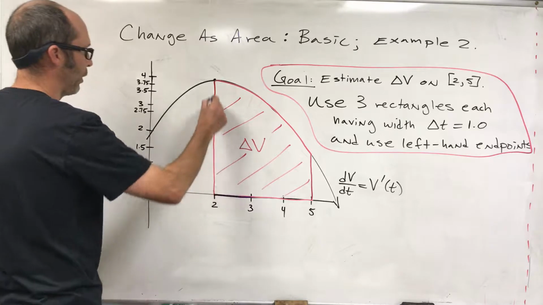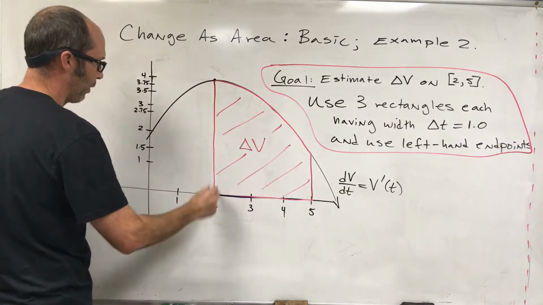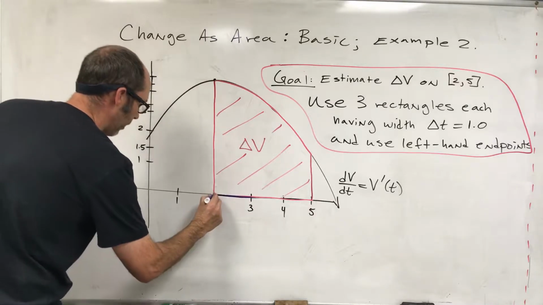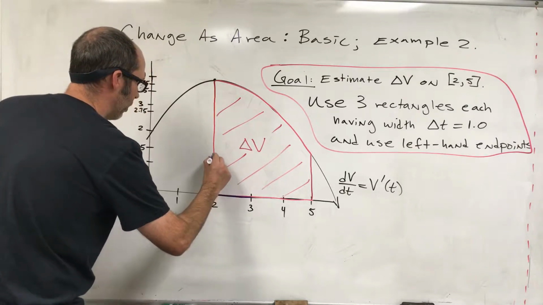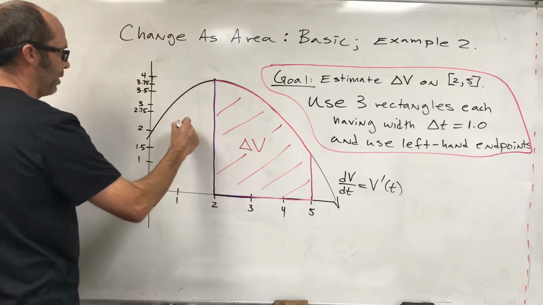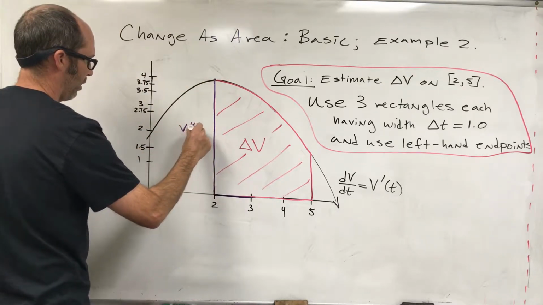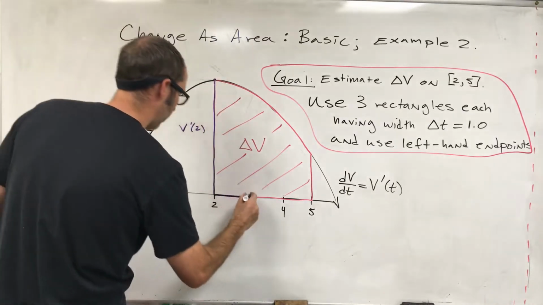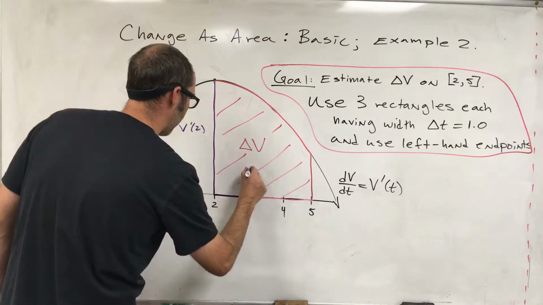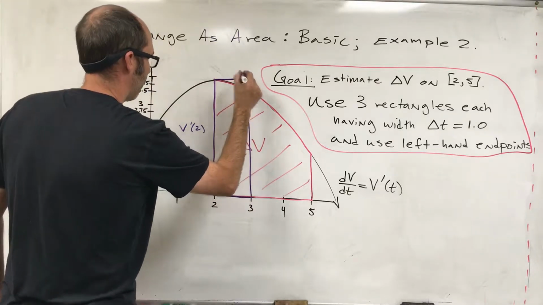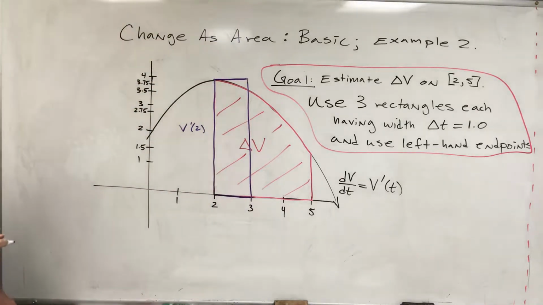And now how high do I go up? I go up v prime of 2. You can see v prime of 2 determines my height. So there's my first rectangle.